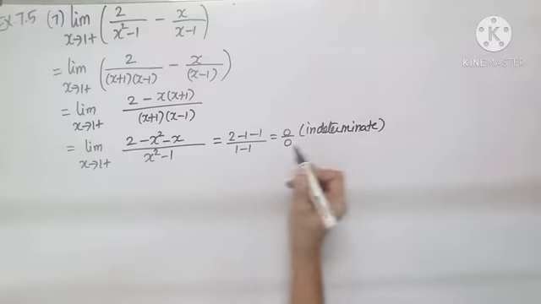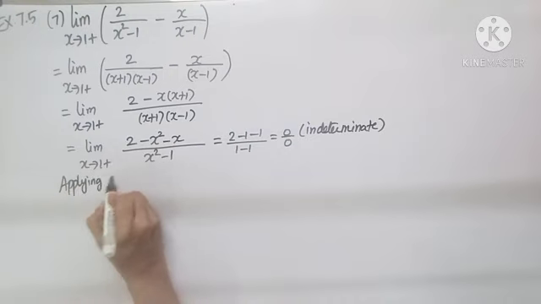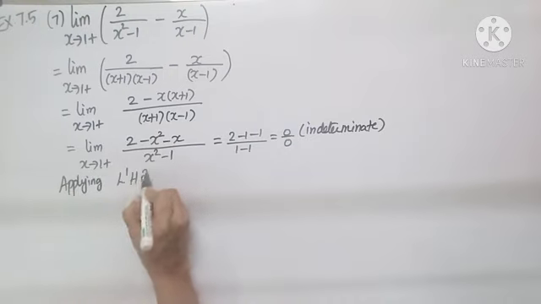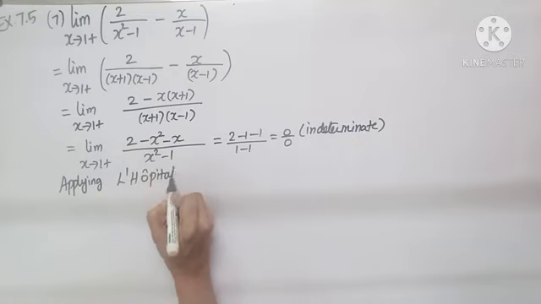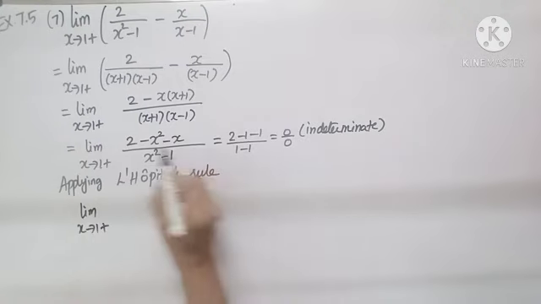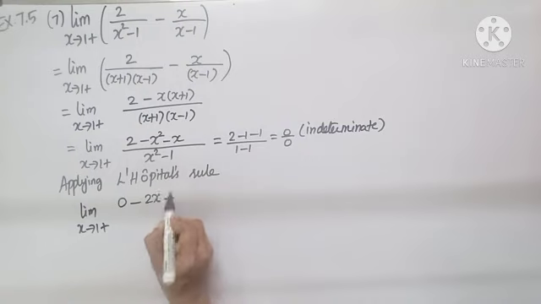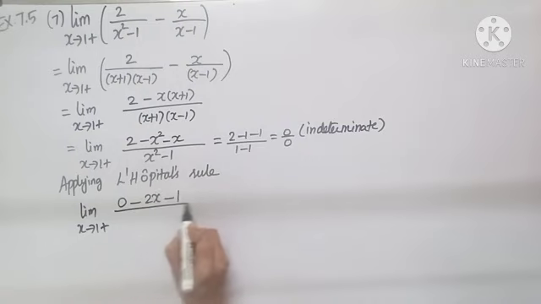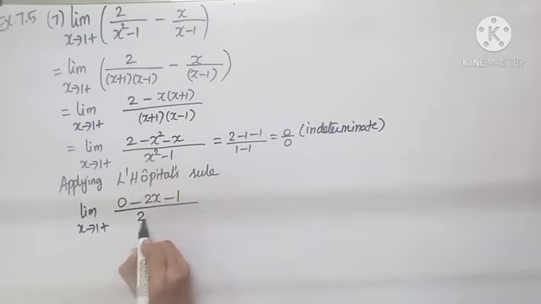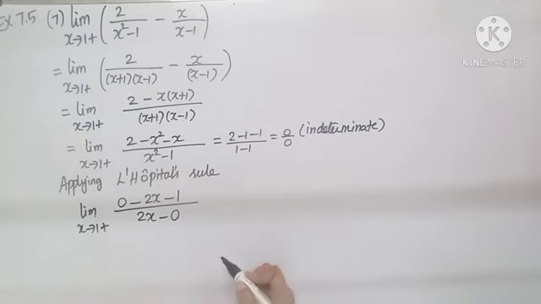So what should we do? Applying L'Hopital's rule. Differentiate the numerator separately and the denominator separately. 2 becomes 0, x square becomes 2x, x becomes 1, divided by x square becomes 2x, constant 1 becomes 0.